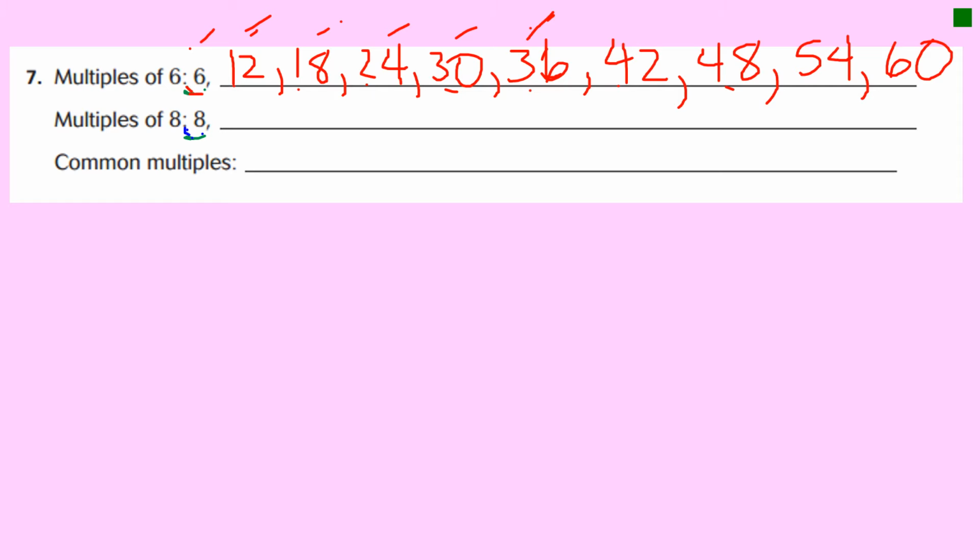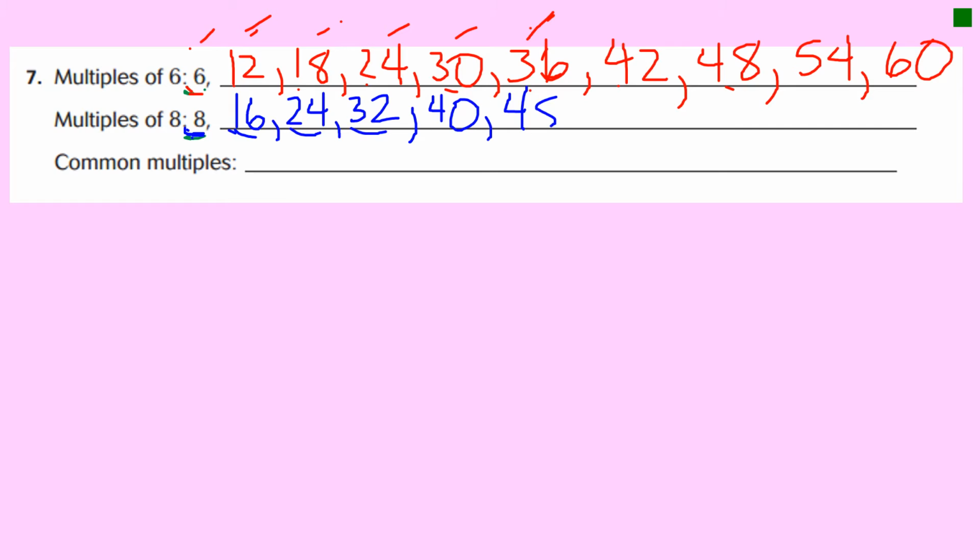So the next 9 multiples of 8. The first one is, of course, 8. 8 times 1 is 8. 8 times 2 is 16. Then 8 more than that, 24. Right? 8 more than that, 32. Do you see why these are multiples? 8 times 2 is 16. 8 times 3 is 24. 8 times 4, 32. What's the next multiple? Well, what's 8 more than 32? 40.